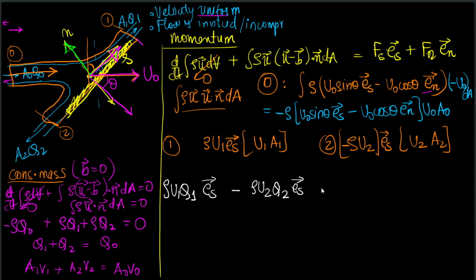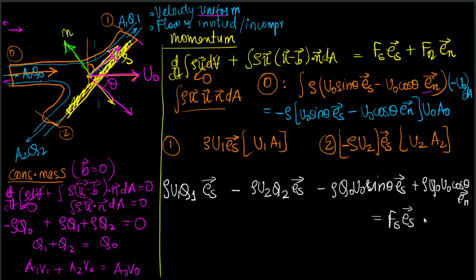This is going to be minus, so this is q naught, so minus rho q naught u naught sine theta in the es direction, plus rho q naught u naught cos theta in the en direction, and this is going to be equal to fs es plus fn en.